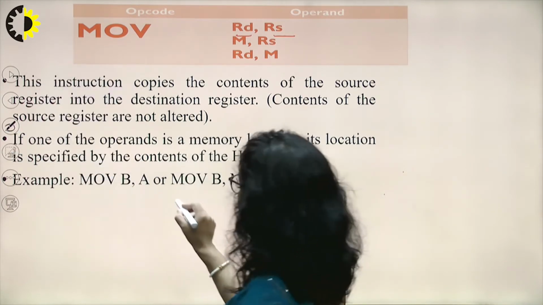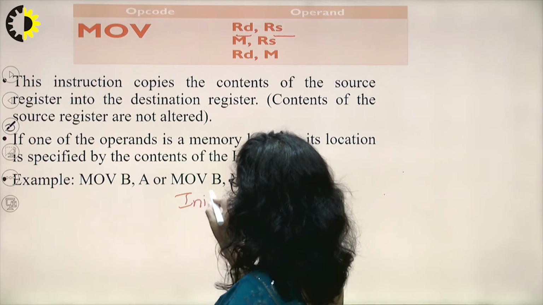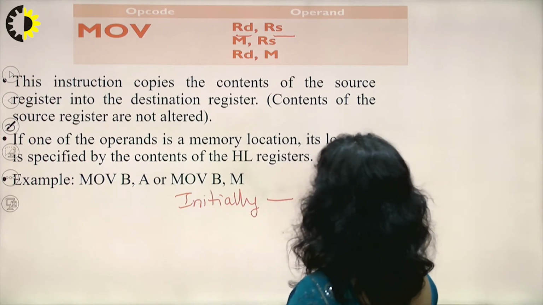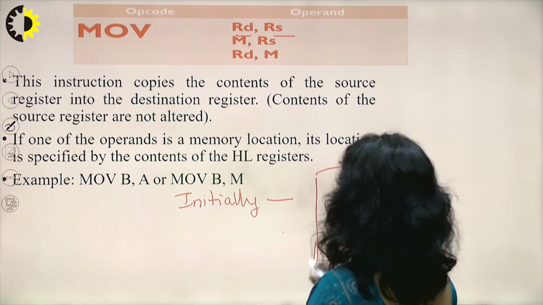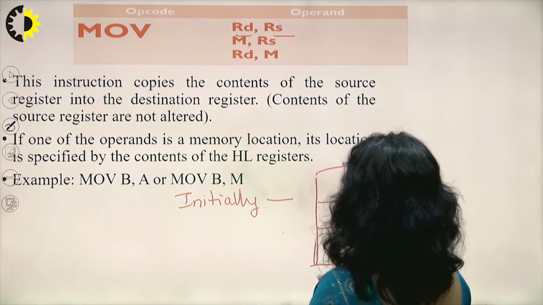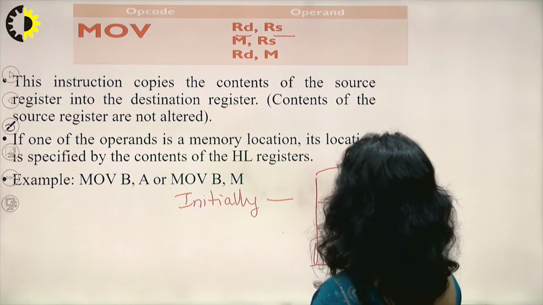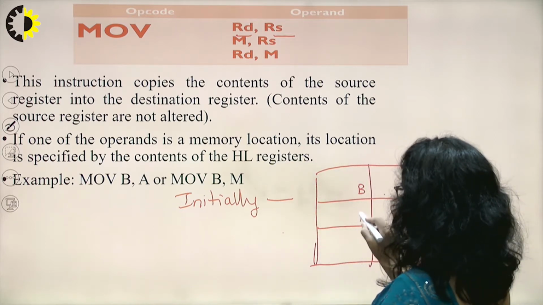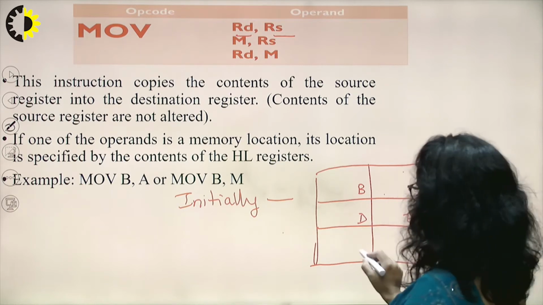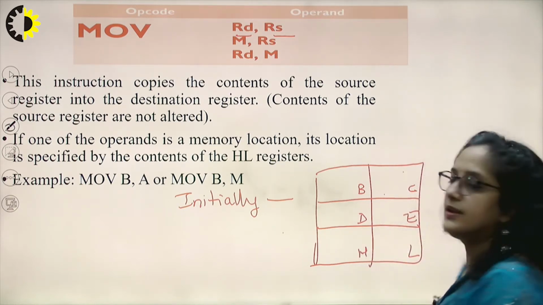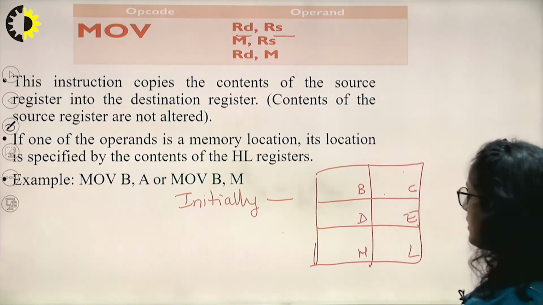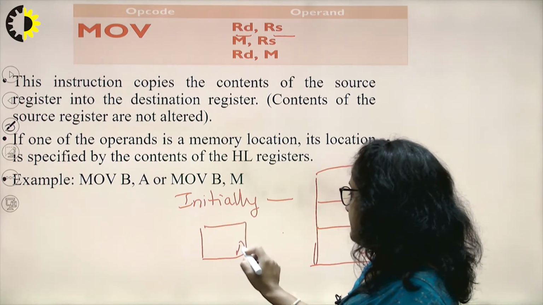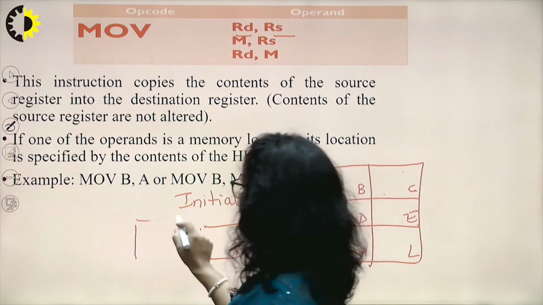Initially, this is the B register, C register, D register, E register, H register and L register. These are the 6 general purpose registers, and we have an accumulator and flags also.